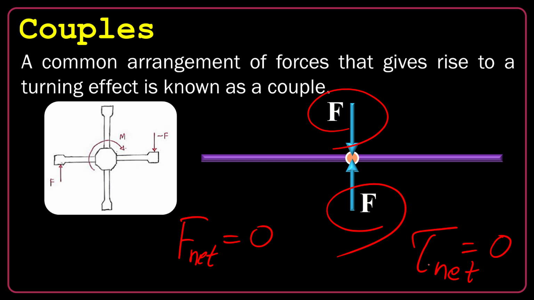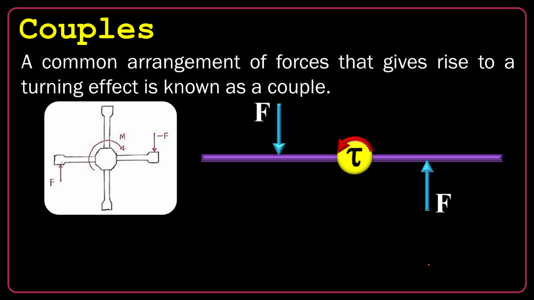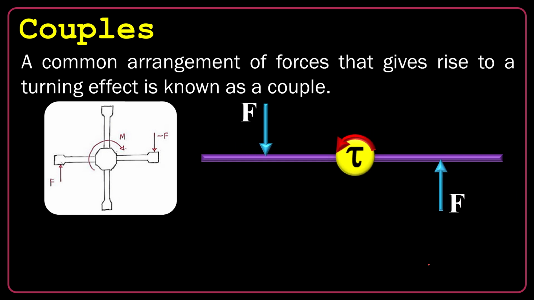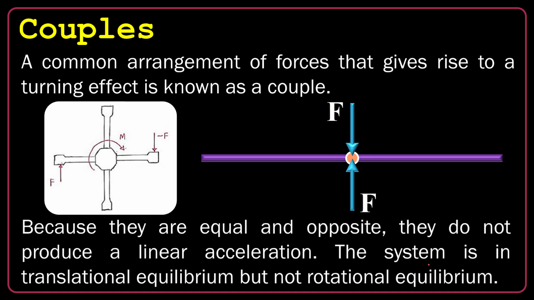Now I separate them. When I separate them, the torque gets larger and larger. That's very important. This is called a couple. The two forces are opposite and equal, but the distance between the forces and the center mustn't be 0. Otherwise, they don't have any rotational effect.